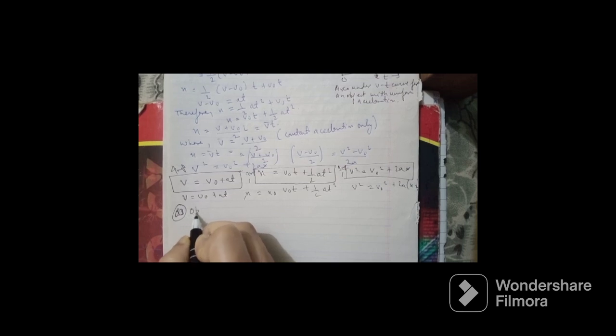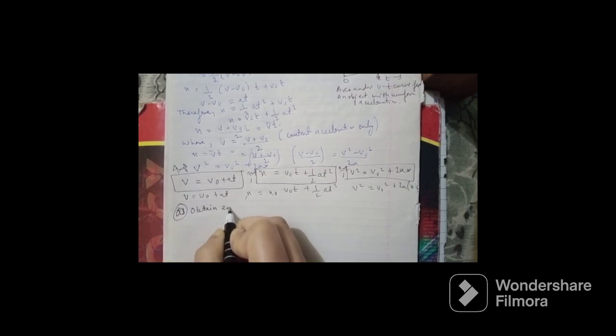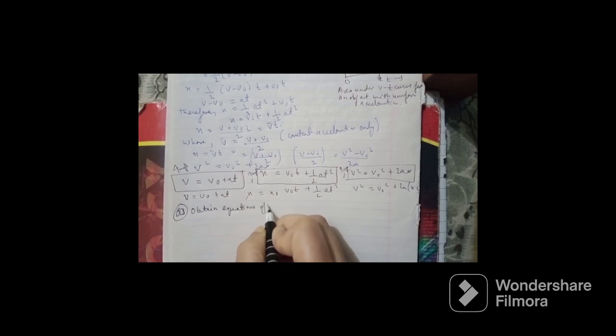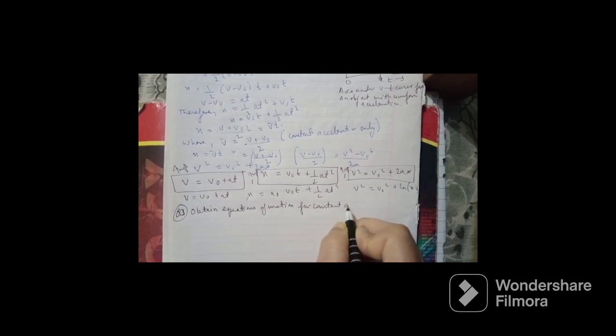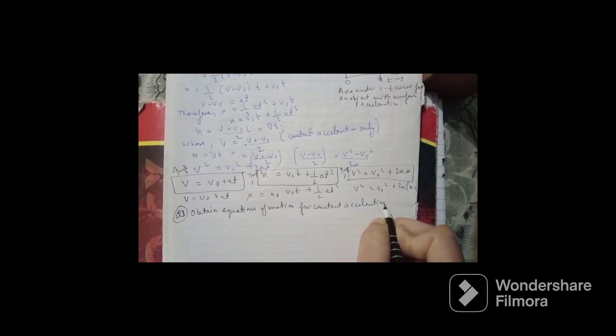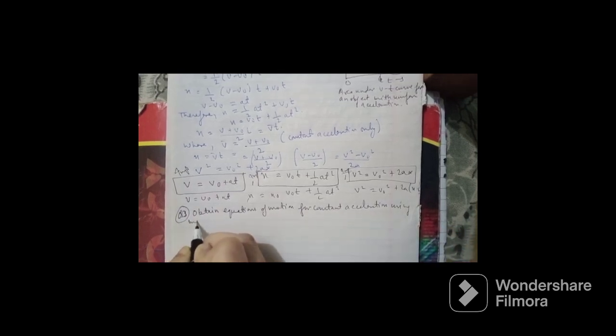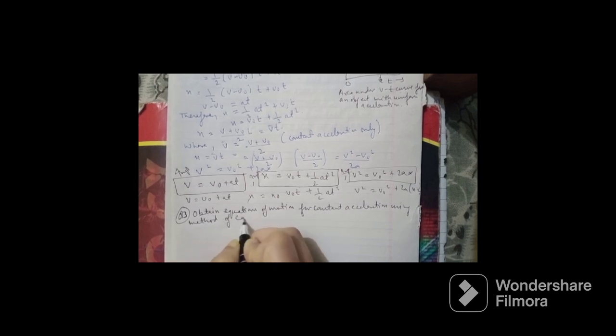The question is: obtain equations of motion for constant acceleration using the method of calculus. So according to that we will use the calculus method. Here we go for the solution.